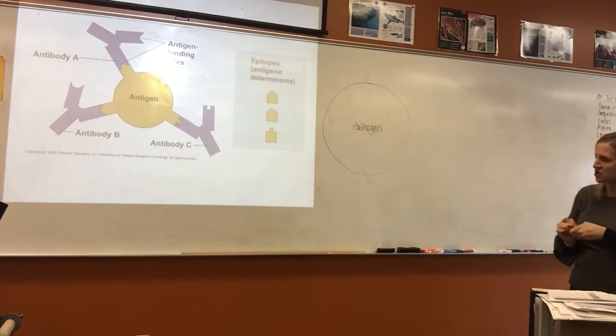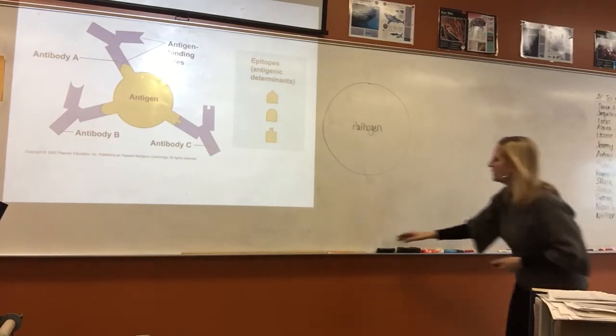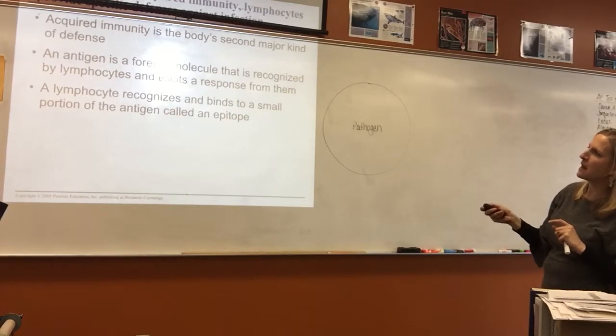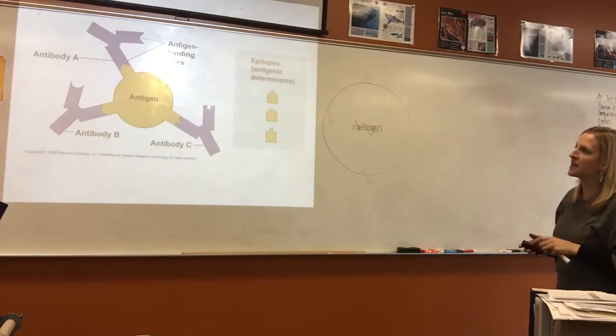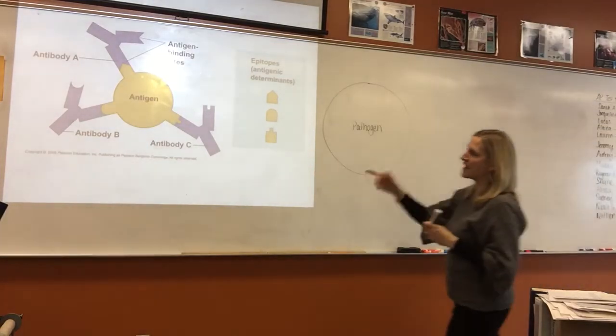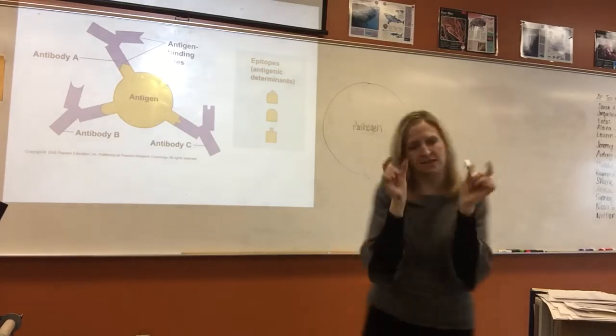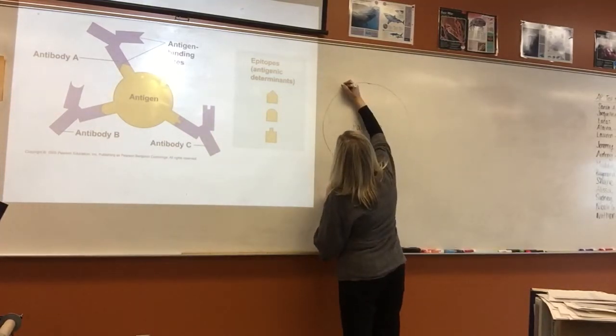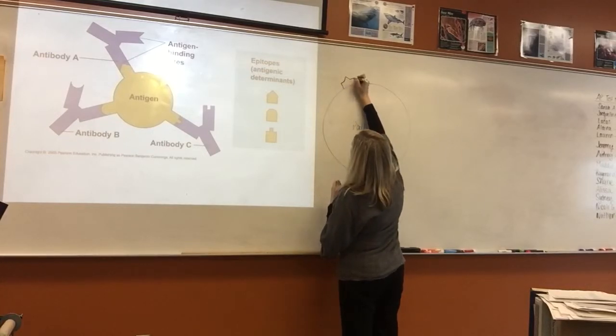An antigen, which I don't think the slide does a good job explaining, is a foreign molecule that's recognized by lymphocytes. Oftentimes the antigen is on the pathogen, and the antigen has different shaped sites on it. So I'm going to draw something on here like this, pointy and curved.